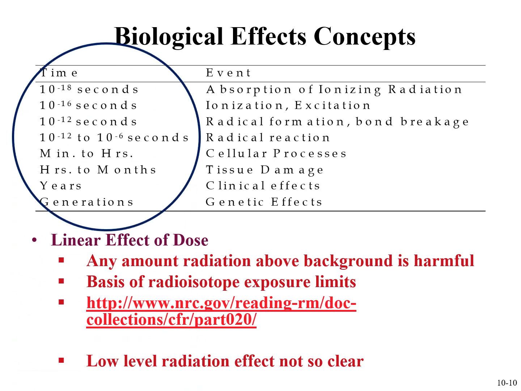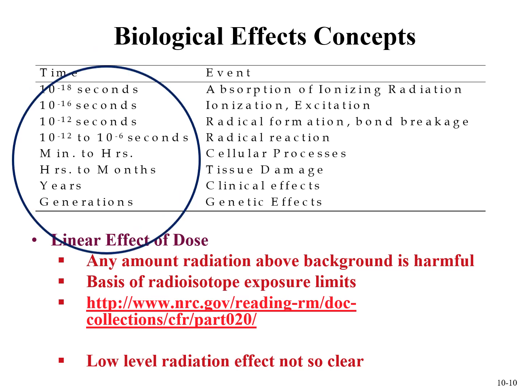The time components here go from very short, 10 to the minus 18 seconds, to generations. Those effects, which are associated with health, cellular processes, tissue damage, clinical effects, are extremely long-term events compared to the chemical and physical nature of the interaction of biological material with radiation. Therefore, it's very difficult to quantify.